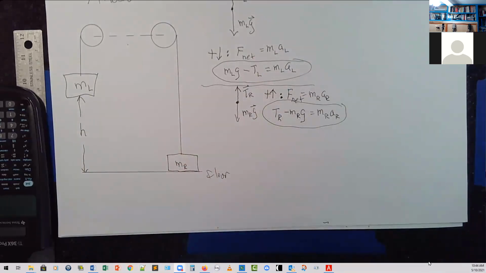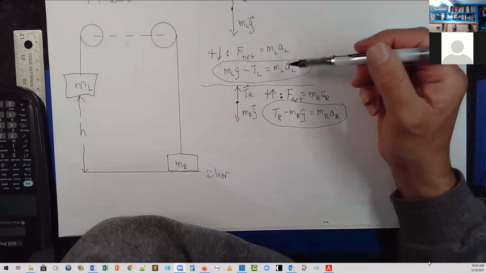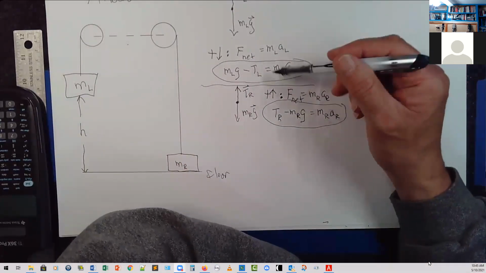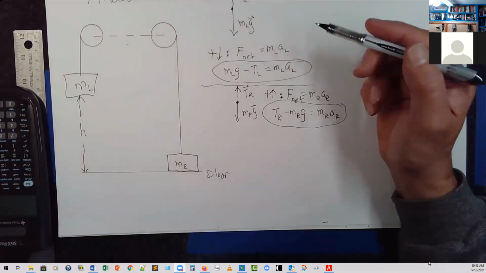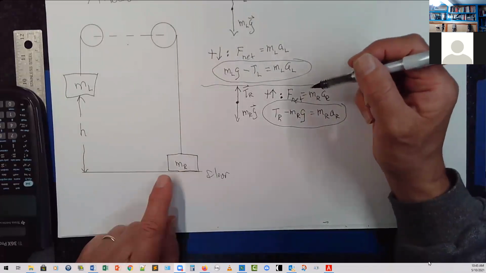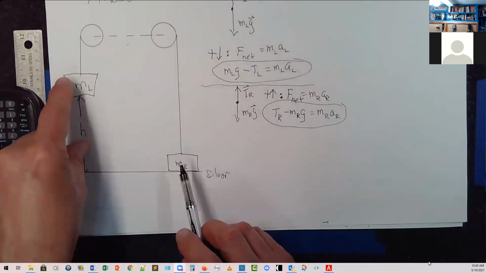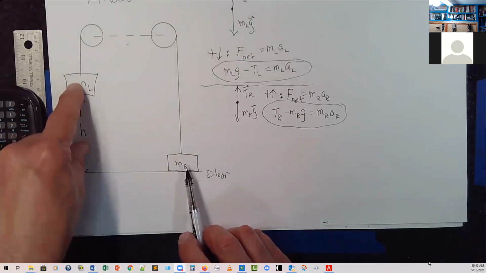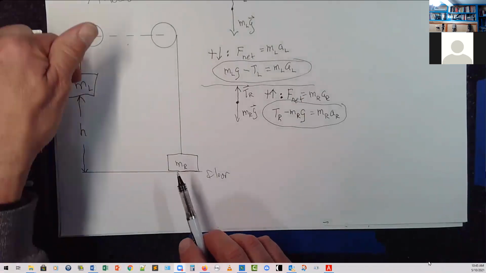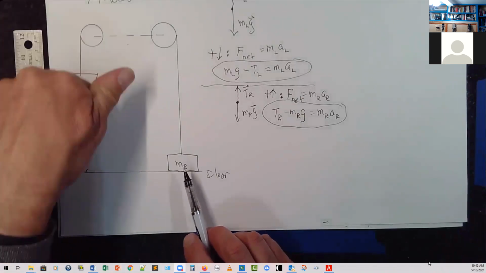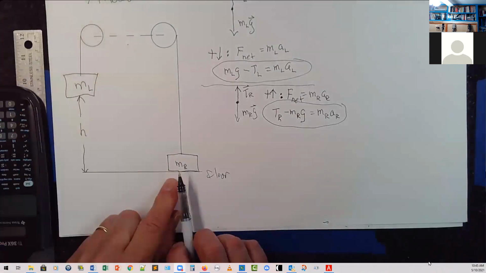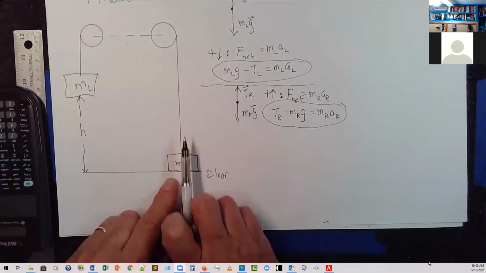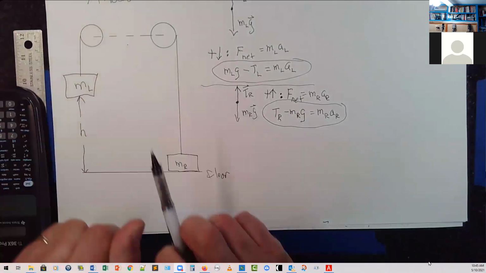Now, it turns out that I'll be able to combine these two together, and I have to make some simplifications, but here's what they'll be. These two masses are tied together by a string, okay? And if m sub L accelerates downward, m sub R is going to accelerate upwards with a number that's exactly the same.